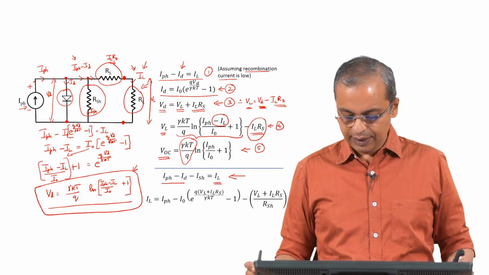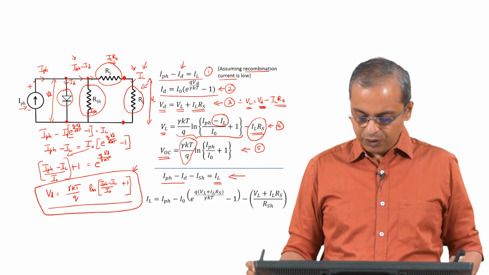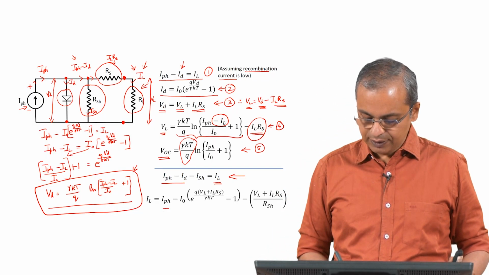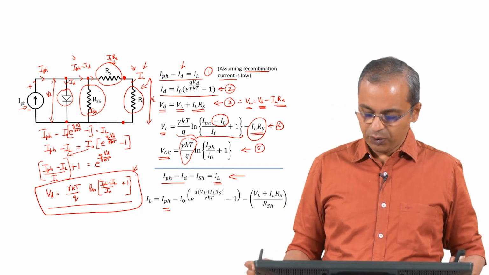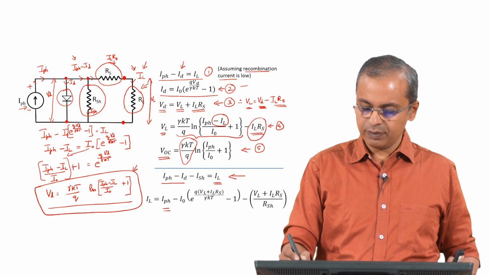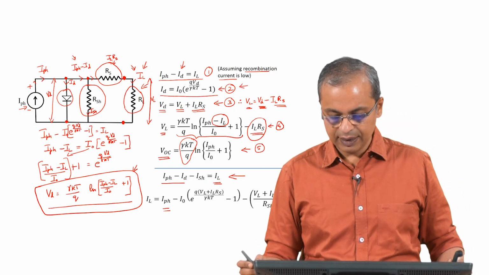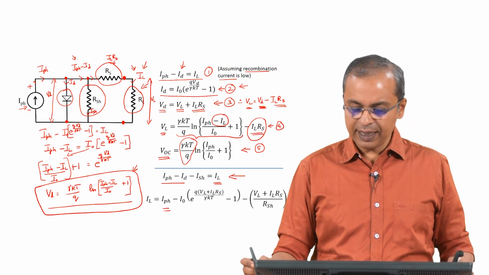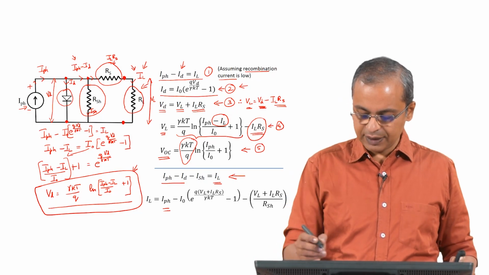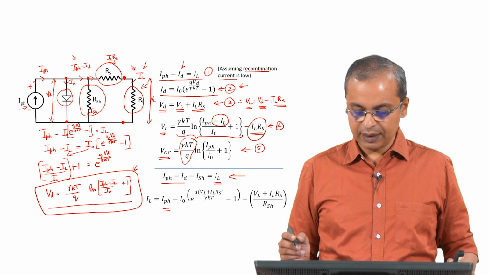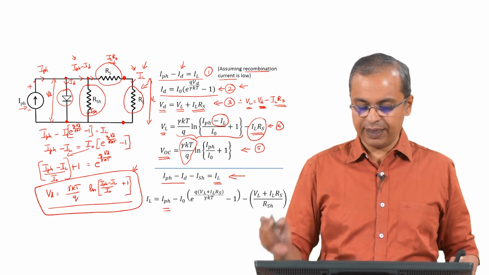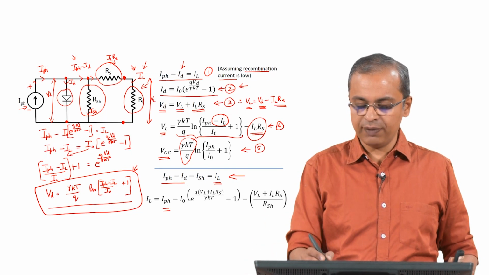That is really all you have to do. The I_PH is whatever it is, and for the I diode we look at equation 2. Equation 2 has the I diode, except that for the V diode I am going to use equation 3 instead of just putting V diode here.